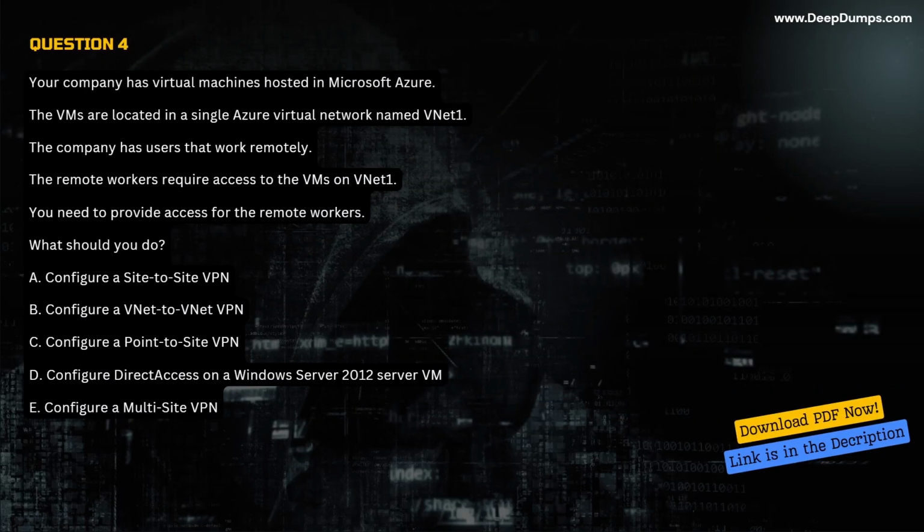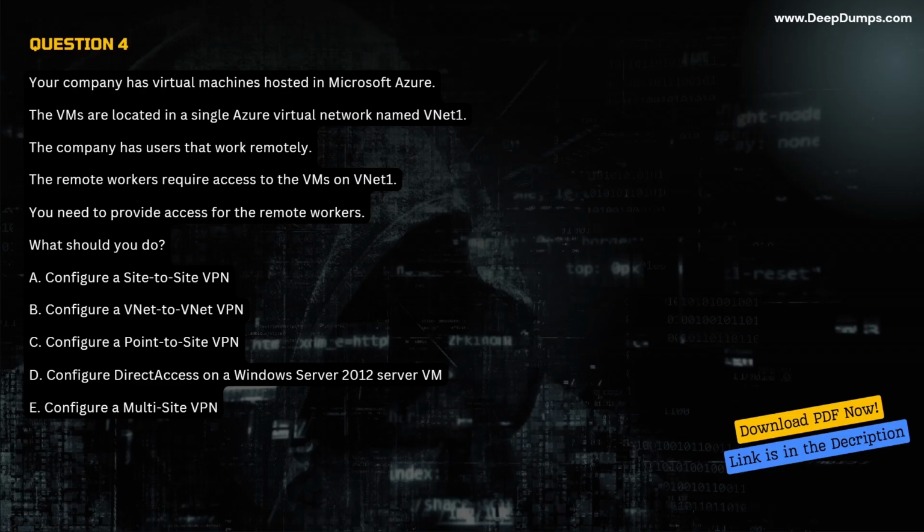Question 4. Your company has virtual machines hosted in Microsoft Azure. The VMs are located in a single Azure virtual network named VNet1. The company has users that work remotely. The remote workers require access to the VMs on VNet1. You need to provide access for the remote workers.